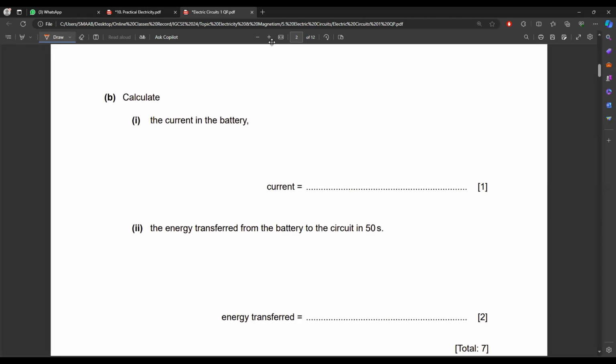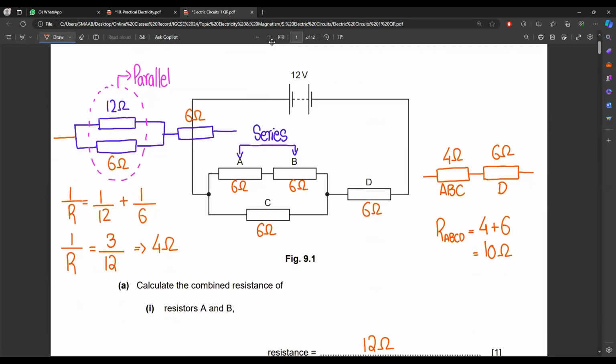In part B, we have to calculate the current in the battery. So we have to find the value of I. If we take the reference of the diagram, the voltage is given, and the answer is 1.2 amperes.